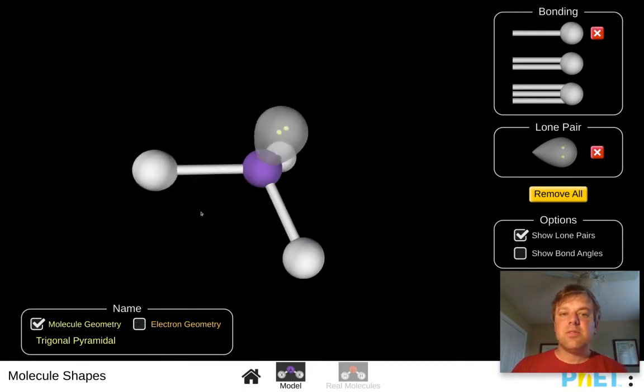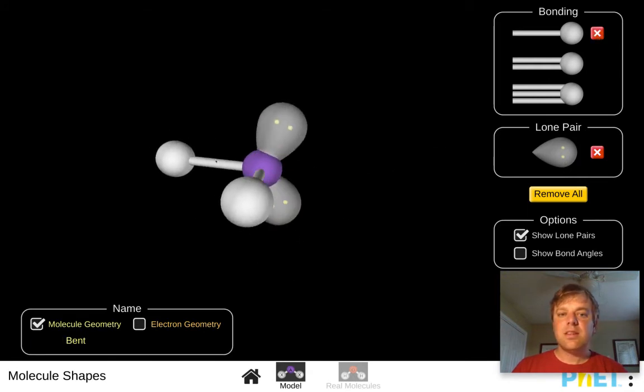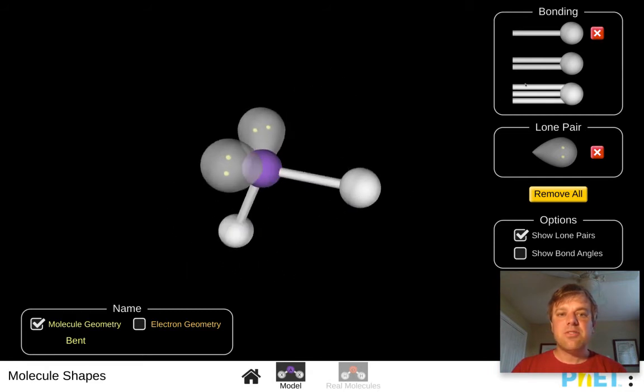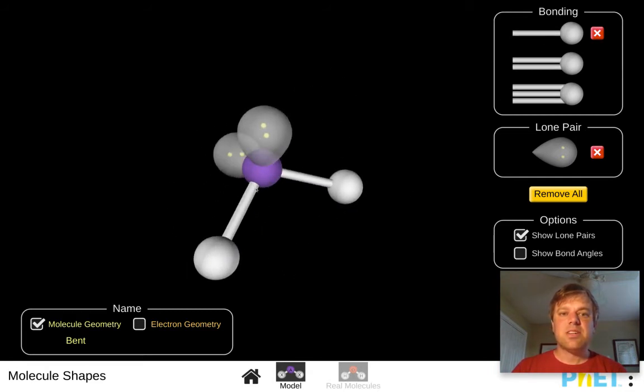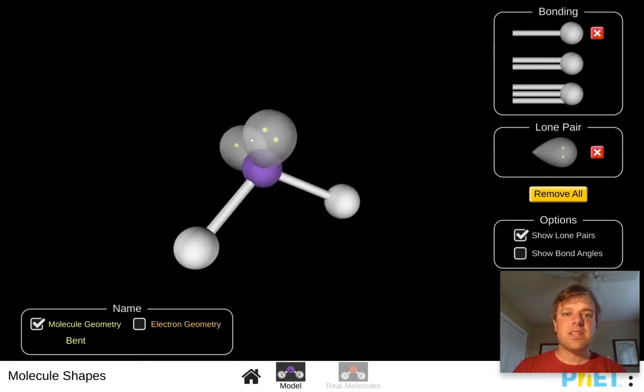If we do another one of these, so we have two lone pairs of electrons on there, now we have essentially what looks like a water molecule, where you have the oxygen in the middle with two hydrogens, and then you have two lone pairs of electrons. This shape is called bent. So a water molecule is bent.